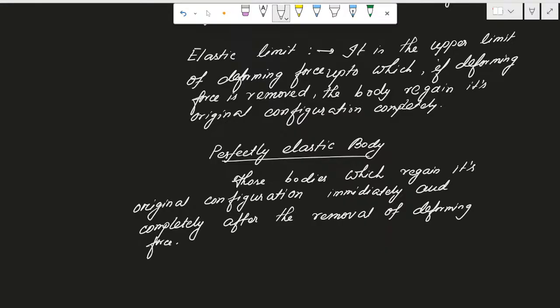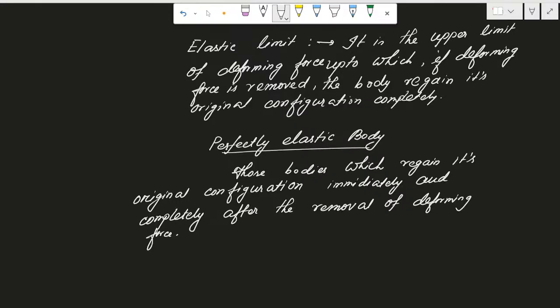Suppose the length before elongation was 1 meter, after elongation it is 1.01 meter, again if you just remove that force, it gets back to exactly 1 meter. So therefore this is a perfectly elastic body.